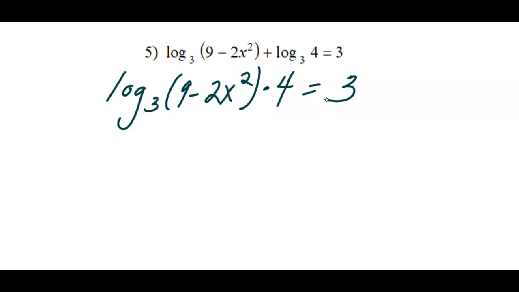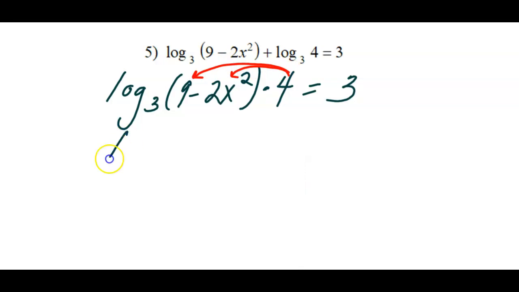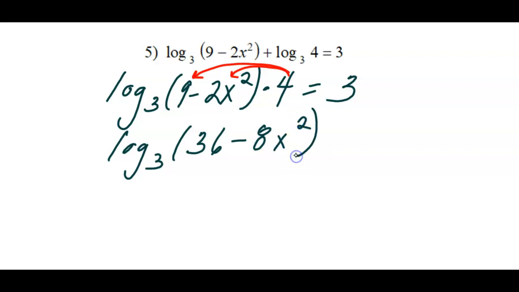Let's simplify the left side first by distributing your 4. So we end up with log base 3 of the quantity 36 minus 8x squared equals 3.